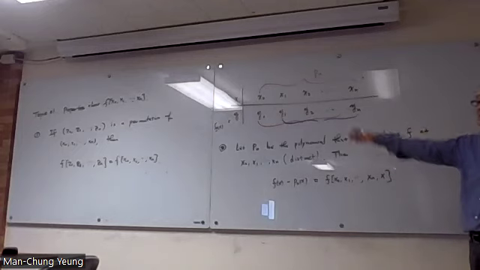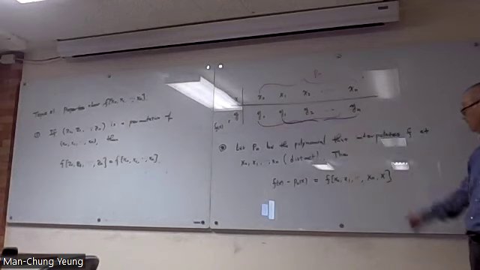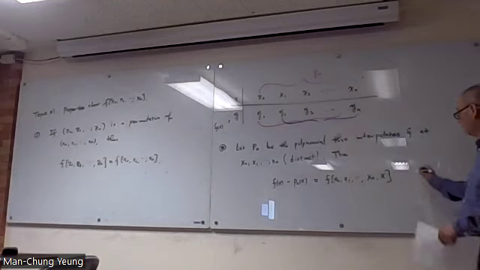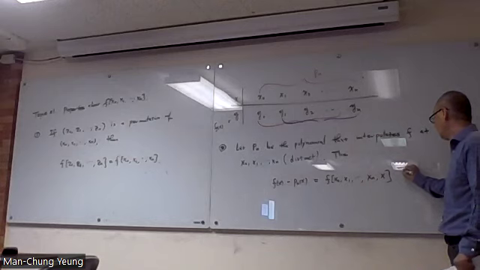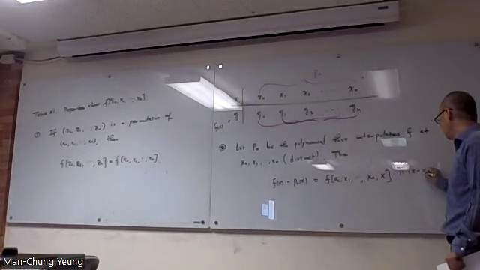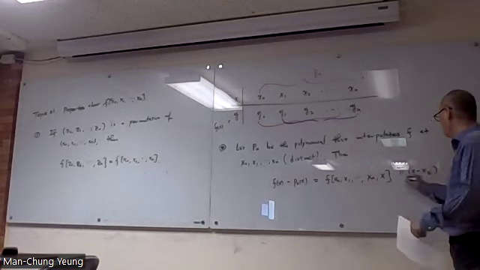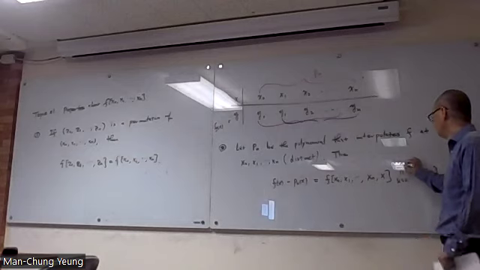How to compute this? By the formula that I have erased, times the product of (x minus xk) for k from 0 to n.